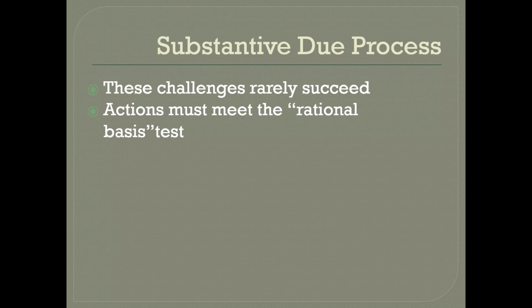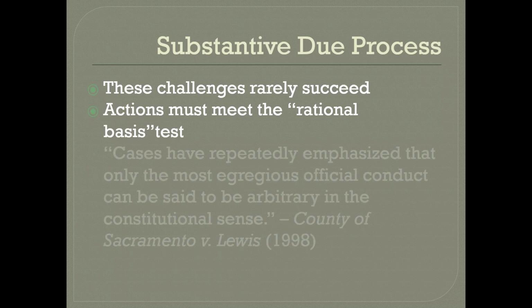And again, this is a very, very easy test for the government to meet. Under the rational basis test, all the government has to do is demonstrate that its decision was not irrational or that it was not arbitrary. And it's usually very easy for administrative agencies to demonstrate that they behaved in a rational manner.